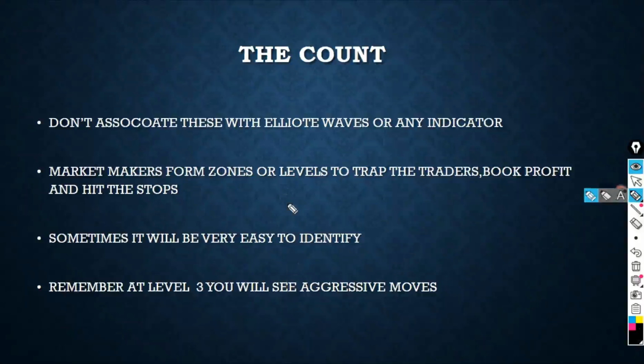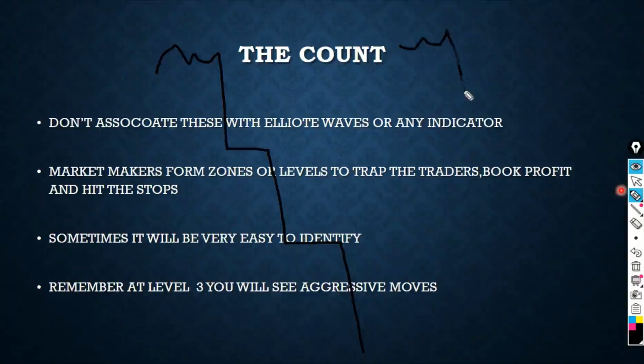Sometimes they'll be very easy to identify, looking like stairs. Sometimes they will be a peak formation, drop, level 1, drop, level 2, drop. Okay, sometimes it will appear... sorry, the pen went too fast. Peak formation, okay, level 1. I hope you can see that there's a level.